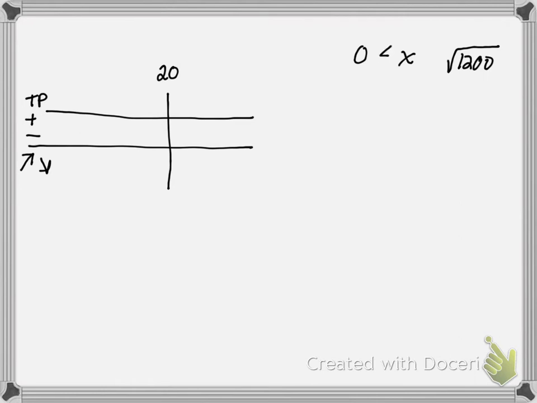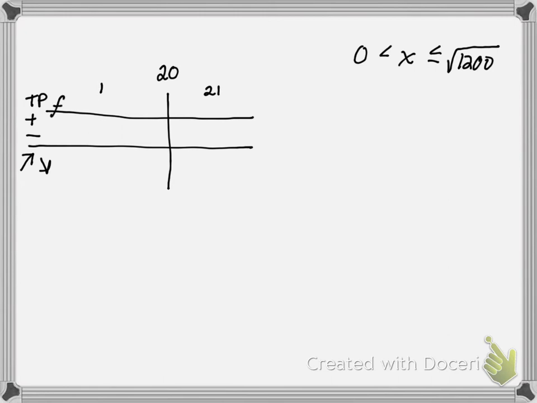So my values of x should be in between the two. So let's pick a very small number like 1, and on the right-hand side, let's pick 21. By the way, your other option was to check your concavity by plugging it in to see if it's plus or minus. You could do that as well.